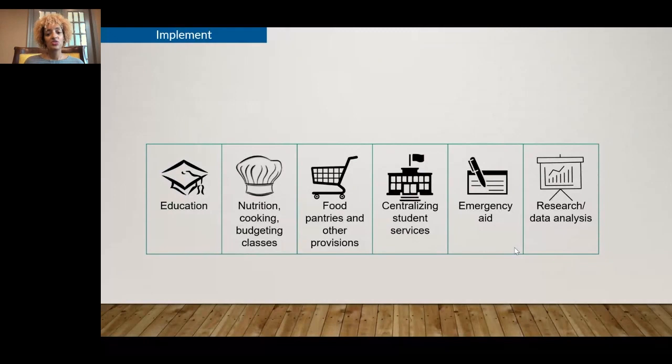There have also been centralized student services, putting everything in a central location to decrease the stigma and increase the awareness. Because of COVID, a lot of emergency aid has been implemented on campuses in Alabama that are participating in ACPAN, and they reported emergency aid for food, for housing, and for clothing.